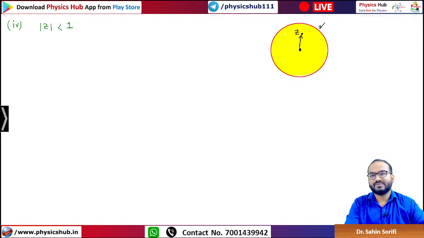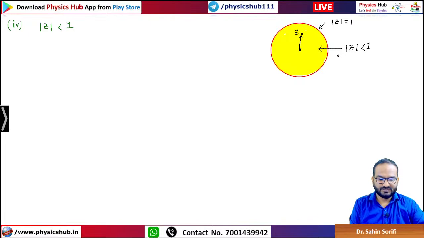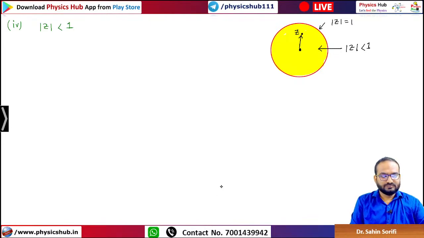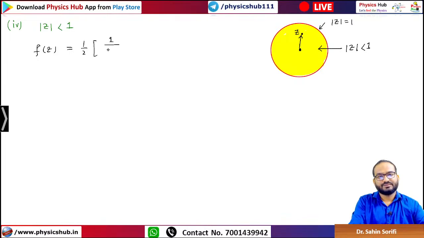So this represents mod z equals 1, and this region represents mod z less than 1. Try to understand this fine difference. The condition is already given, so no need to struggle much here.